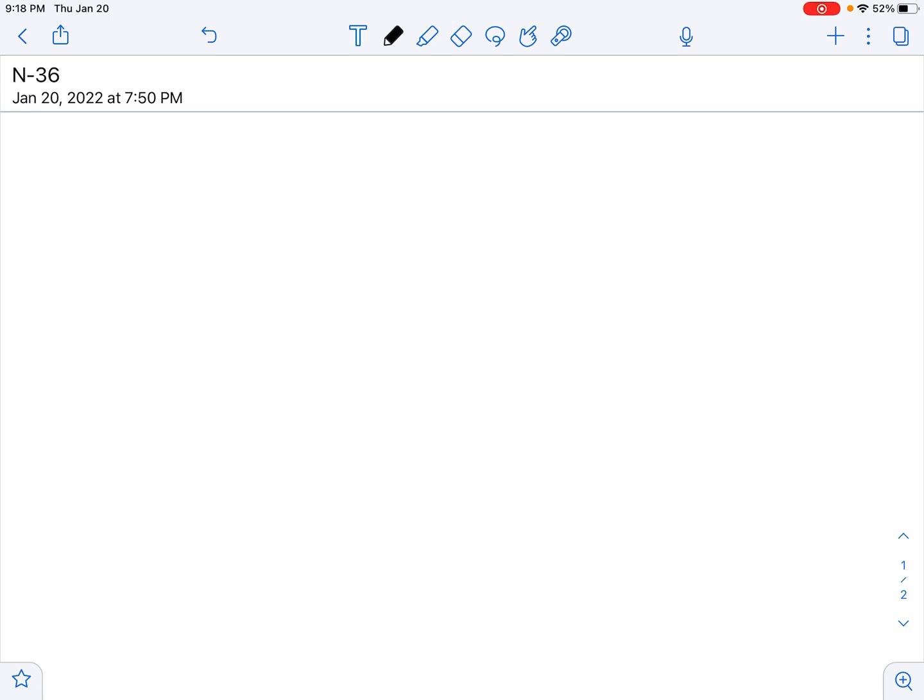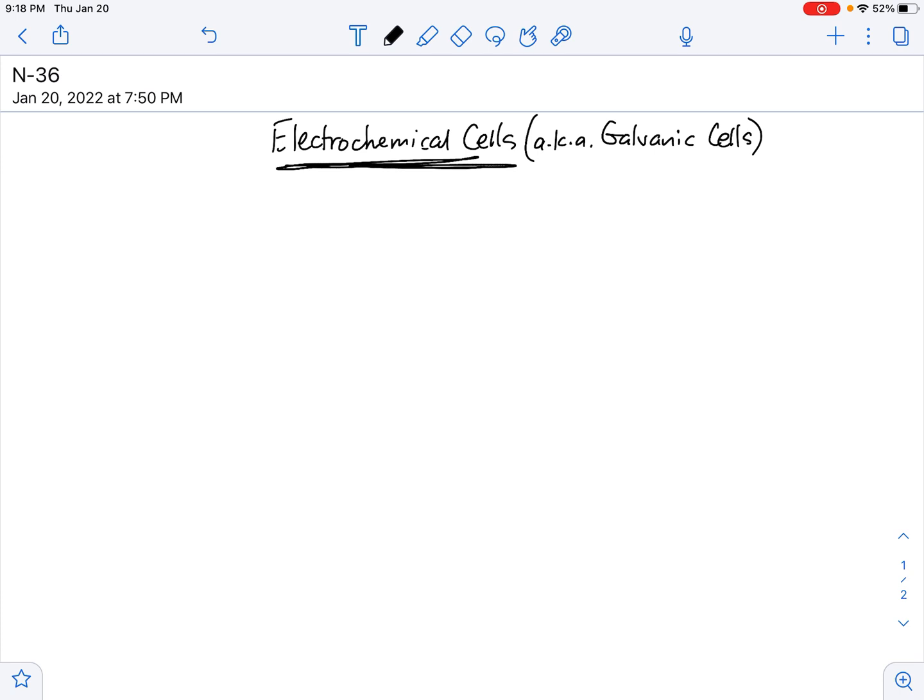So I'm going to go through just the basics today of electrochemical cells. And electrochemical cells are also known as galvanic cells, named after the first person who kind of perfected the technique, Italian chemist by the name of Galvani, 1800s kind of thing.